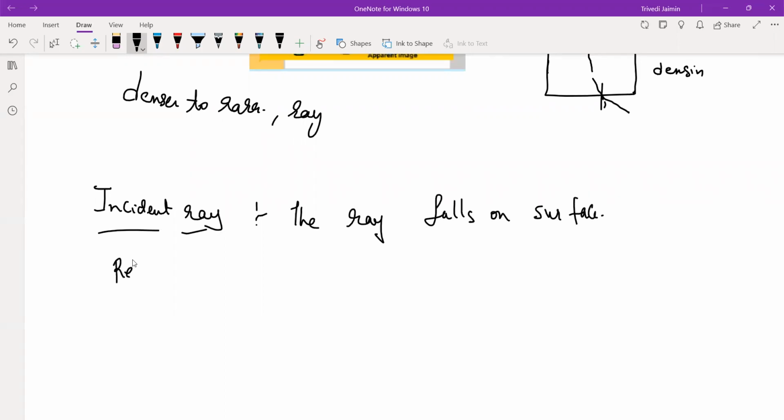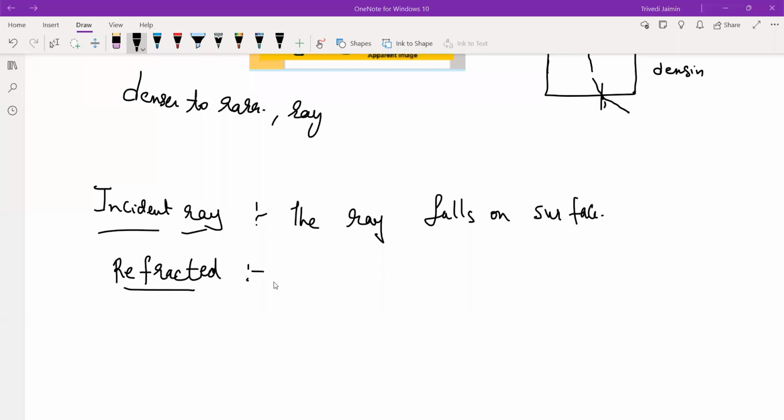Then what is refracted? Refracted ray means the ray of light which passes in the second medium.